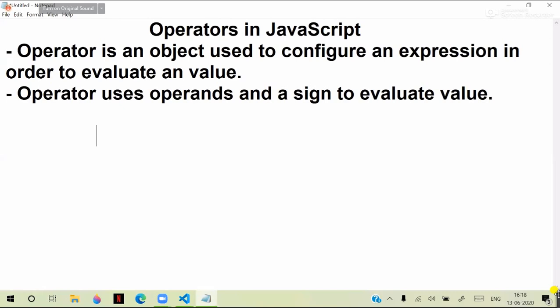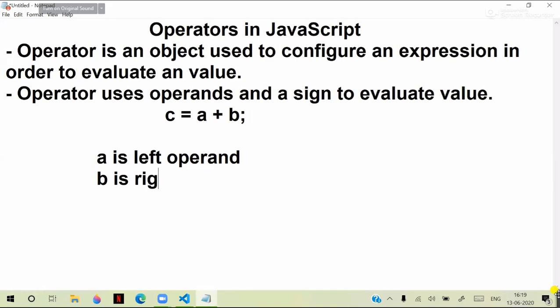Actually, it will be like this. Suppose A plus B, is equal to some value. Or simply like this, C equal to A plus B. Here A is a left operand and B is a right operand.